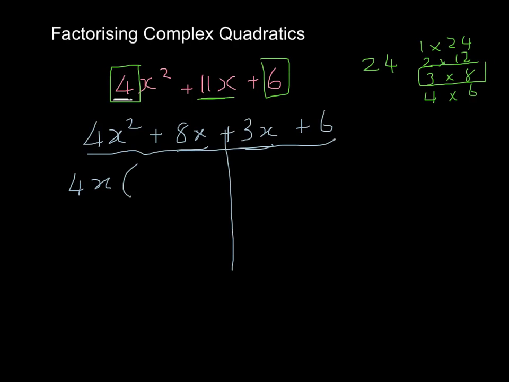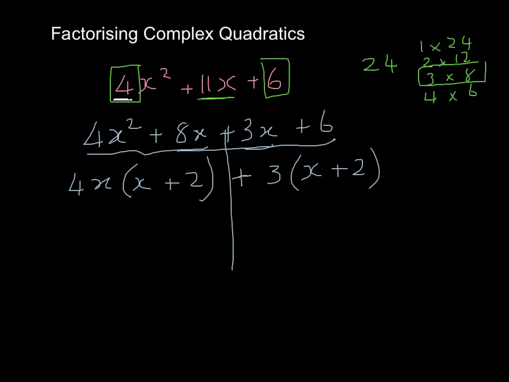I'm going to do this in halves. 4x in the front will leave me with an x here and a 2. 4x times x is 4x squared. 4x times 2 is 8x. Plus, now 3 will come out the front of this bracket. 3 times x is 3x, and 3 times 2 is 6.